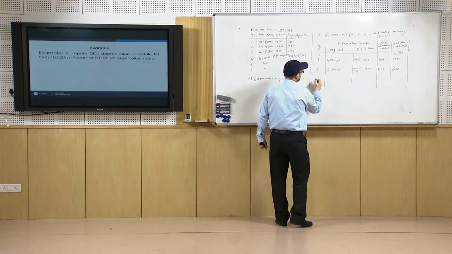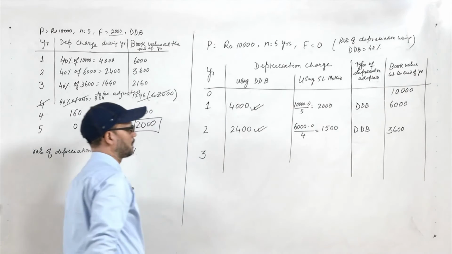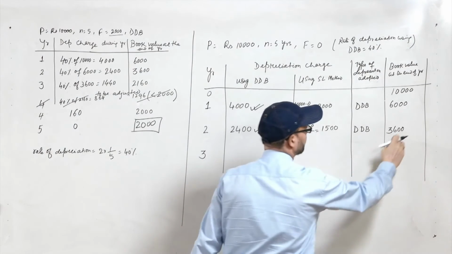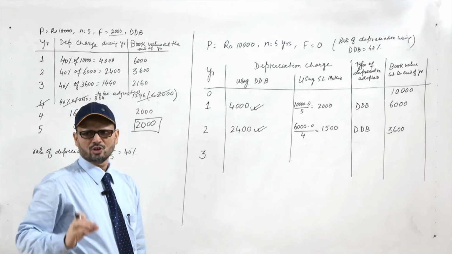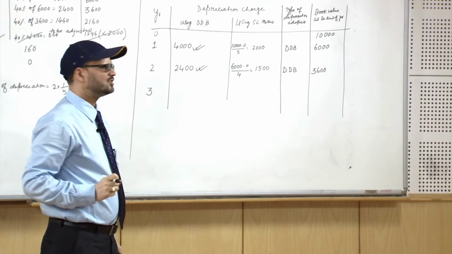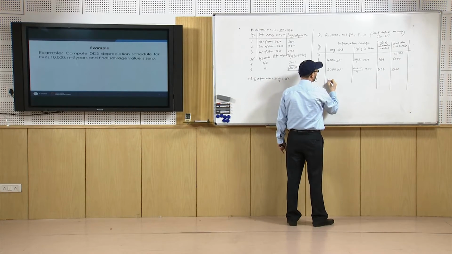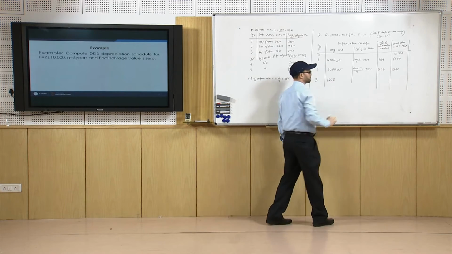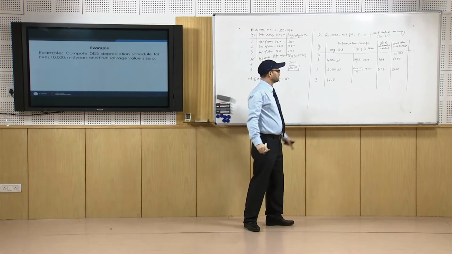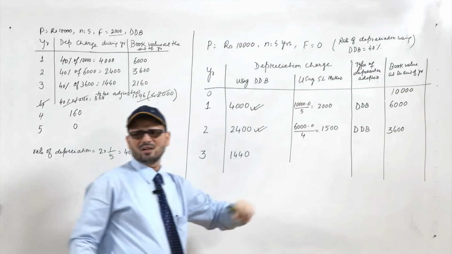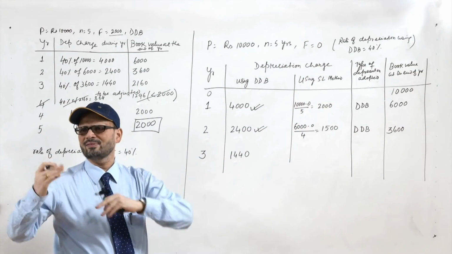Let us go to the third year. During the third year our book value is 3,600. So, using the double declining balance method, it will be 40% of 3,600. So, it will be 1,440. Now, if we take the straight line method, we have 3 more years of life left.